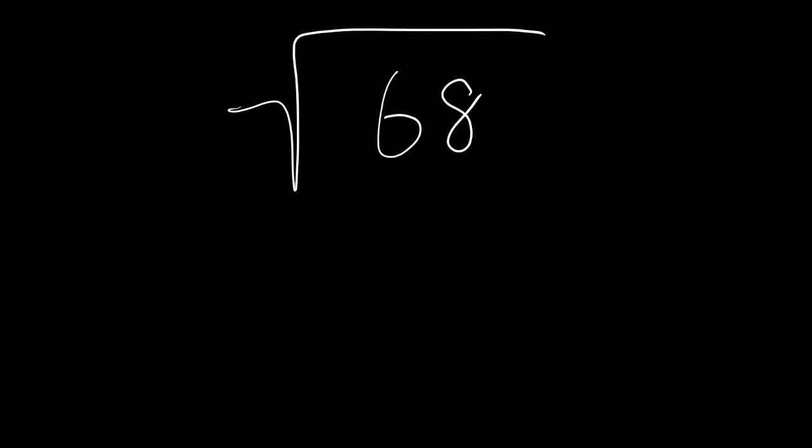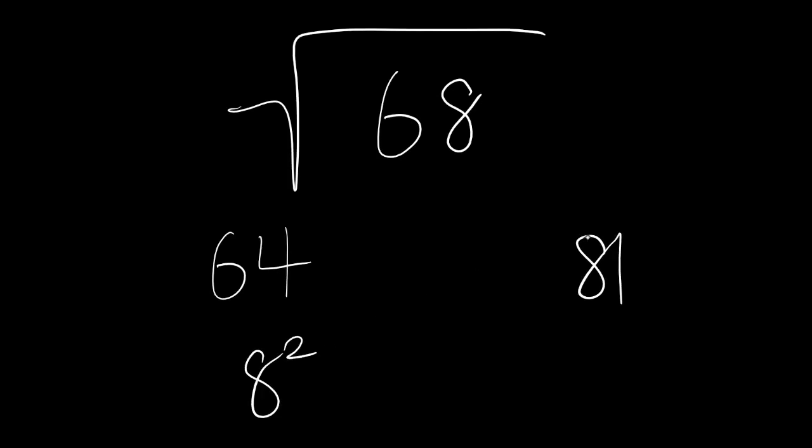Assuming that you've completed this question, if you need more time, make sure to pause the video. It's in between two whole numbers. It's in between 64 and 81. So that's 8 squared and 9 squared.